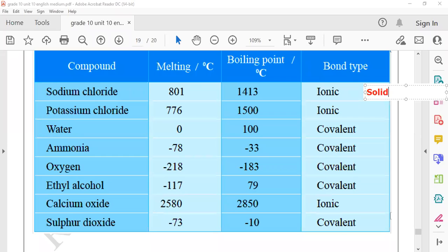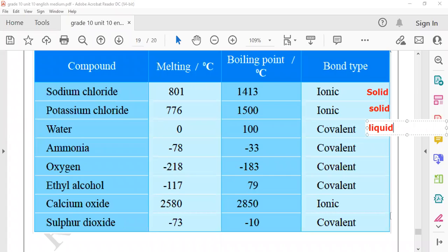So it's a solid. What about the decision regarding potassium chloride? Solid, sir. It's also solid. Water: liquid. We normally know water is liquid. Is this idea fitting?